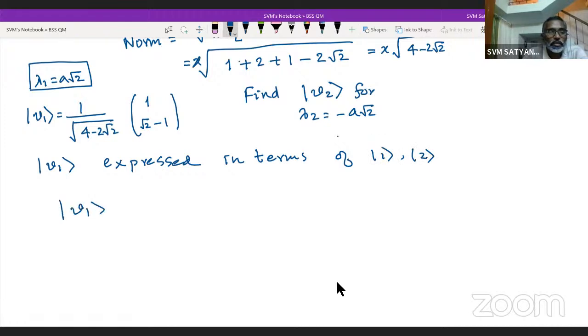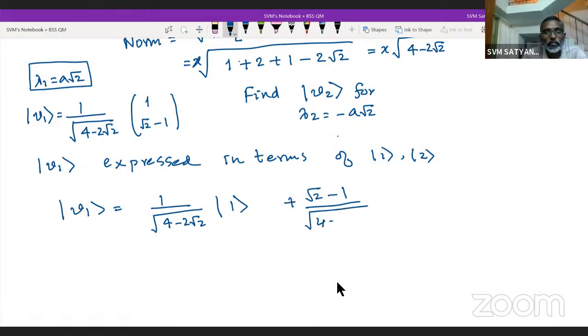Your V1 is equal to 1 by square root of 4 minus 2 root 2 times |1> plus root 2 minus 1 divided by square root of 4 minus 2 root 2 times |2>. So these components of this vector will become coefficients of |1> and |2>.